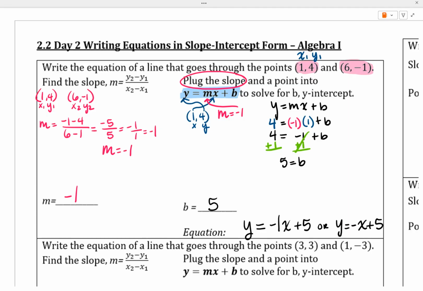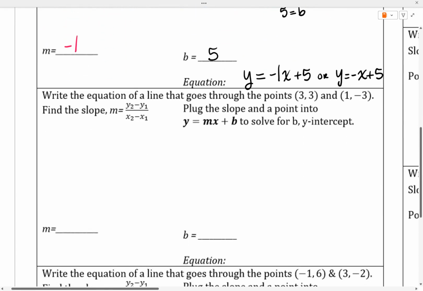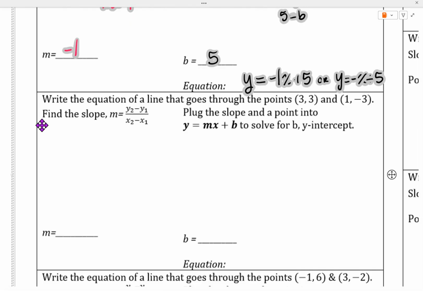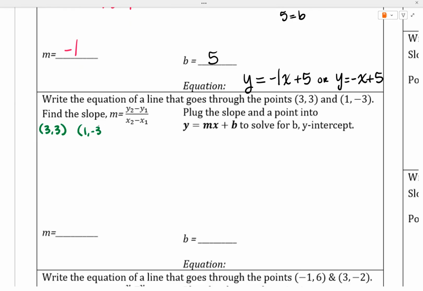Now we're going to do this many times because we want to make sure we get these steps down. So we have another example. I have the points (3, 3) and (1, -3). So (3, 3) and (1, -3).